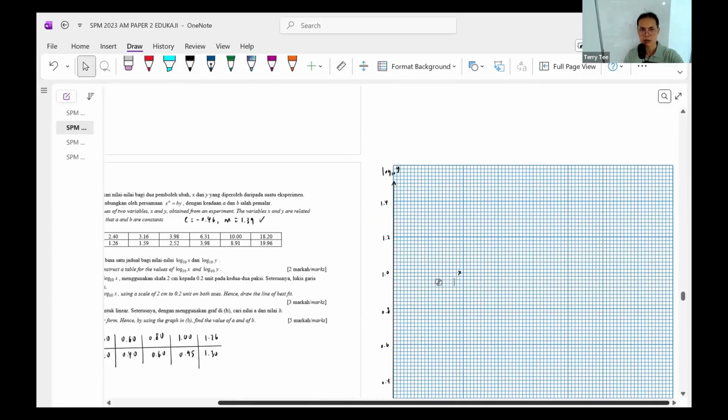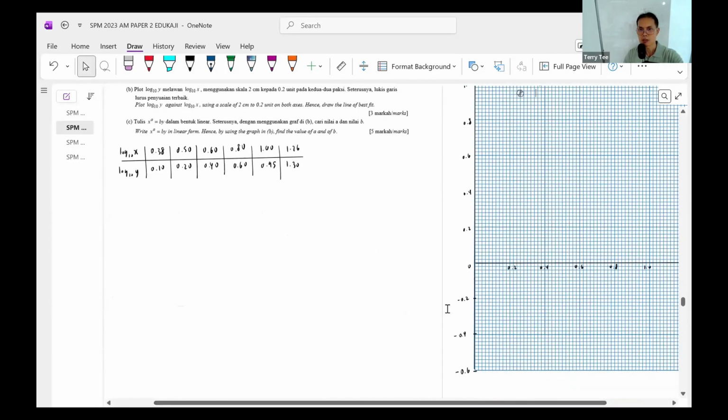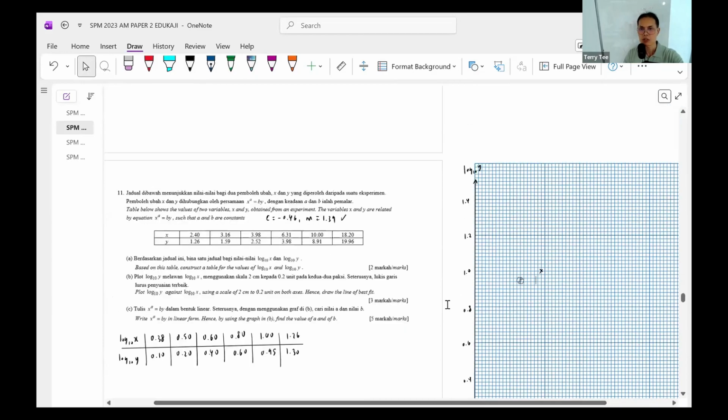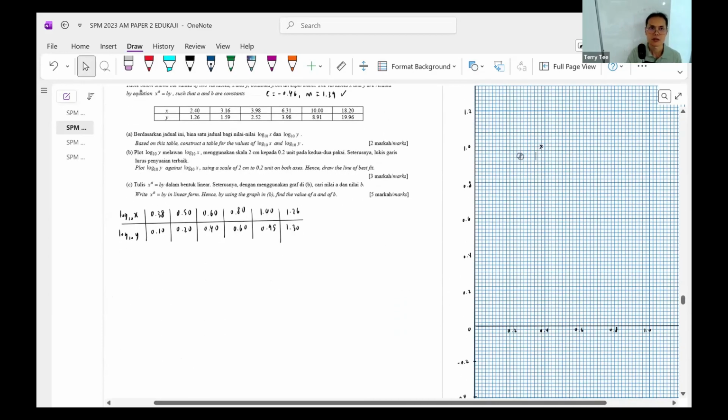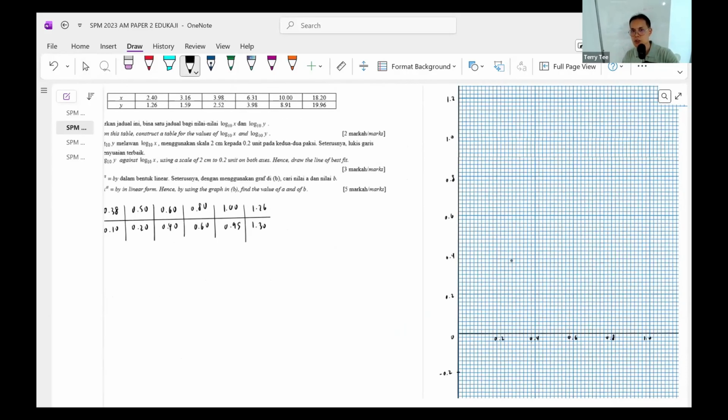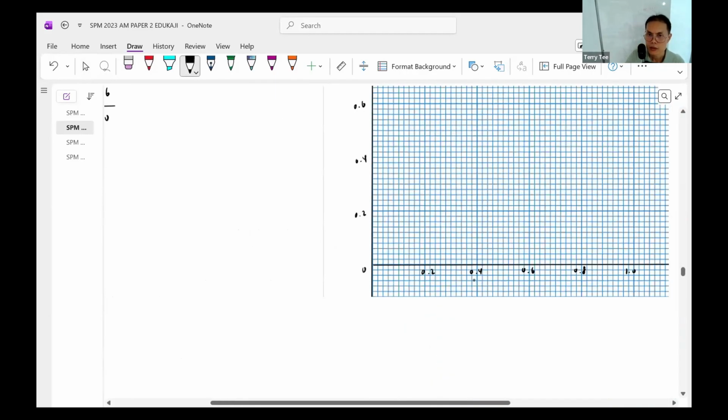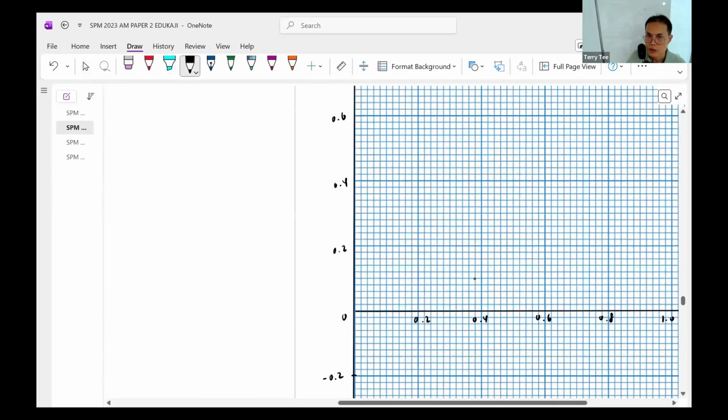I think I wrote 0.38. Oh, sorry, it's not 1.0, it's 0.1. So it's a bit low here. 0.38, 0.1 should be here. Okay, very small. Okay, remember this scale is 0.2. So one small box is 0.02.